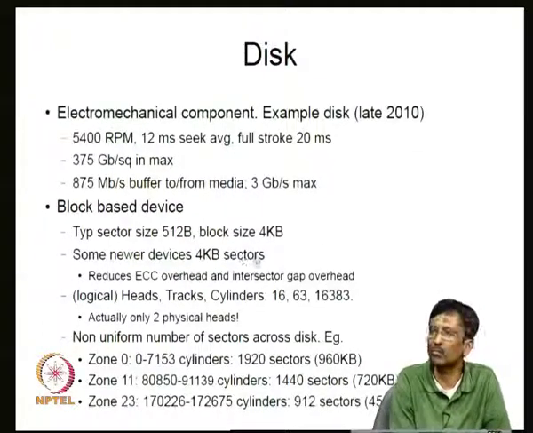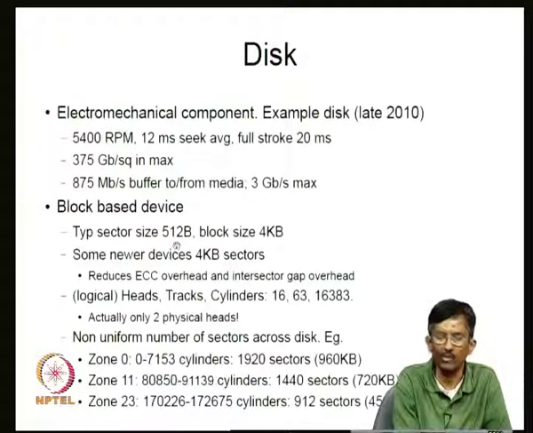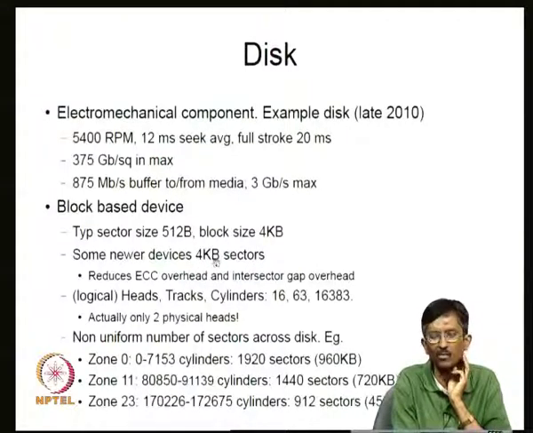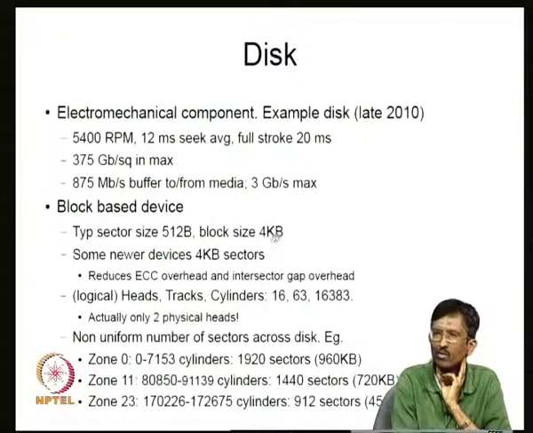Of course most people still use 512 byte sectors, but why are we going for higher sector size? Just like the way we went from 4 kilobyte to 64 megabyte for Google file systems, there are reasons why people want to go with higher sector size. It reduces what is called error correcting code overhead.